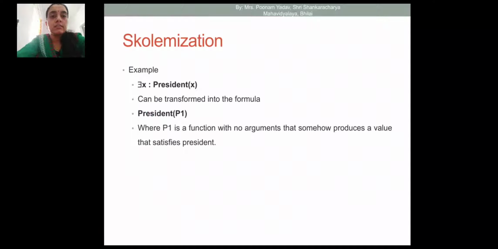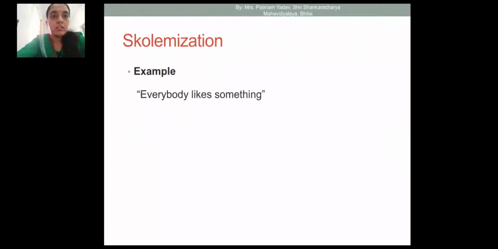In this example, there exists x, precedent x. So x is an existentially quantified variable, so remove it with the p1 Skolem function and write precedent p1. So instead of there exists x precedent x, we write precedent p1. Another example: everybody likes something.